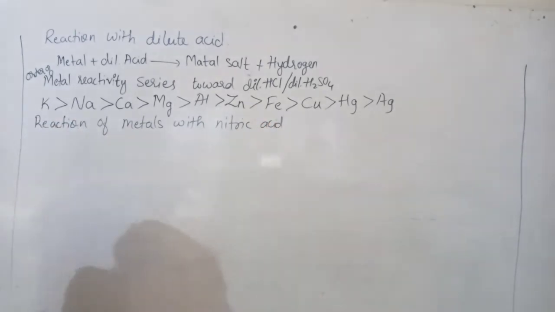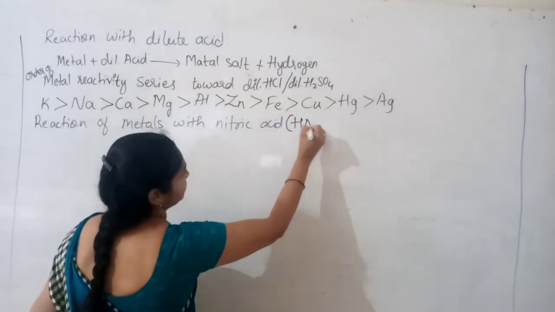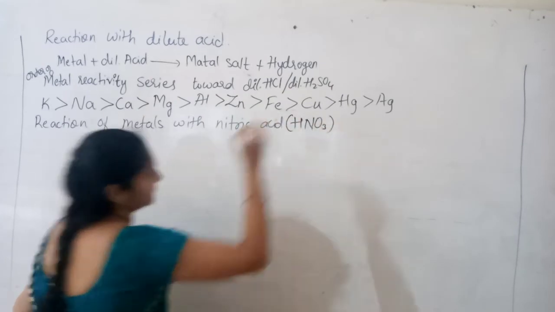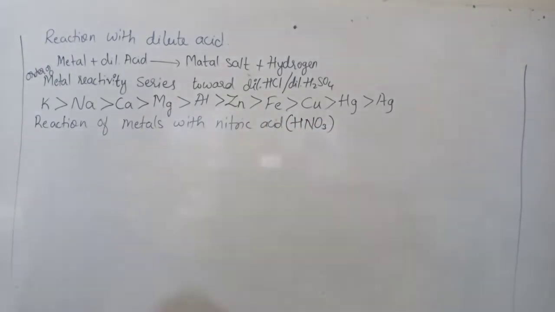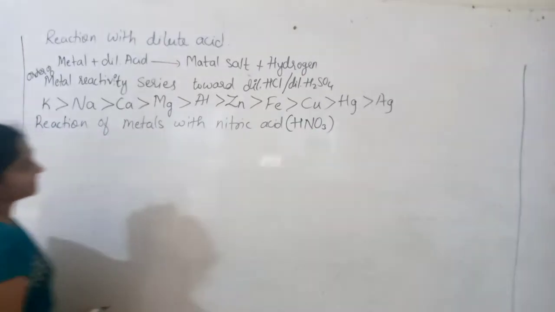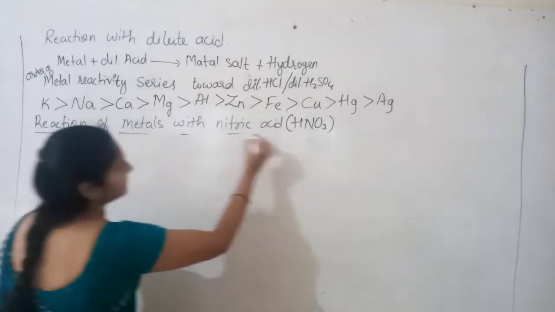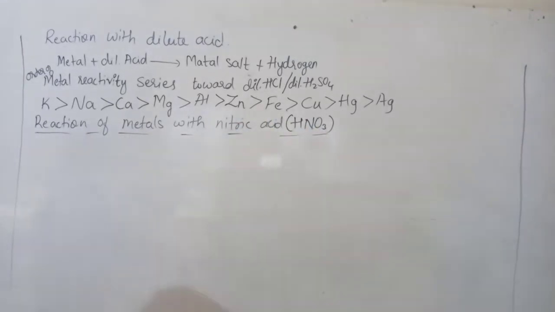How are we going to write nitric acid? What is the chemical formula of nitric acid? HNO3. Okay, the nitric acid chemical formula is HNO3. Right? Now we will discuss what happens when metals react with nitric acid.